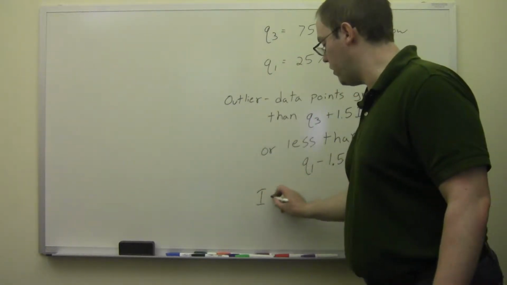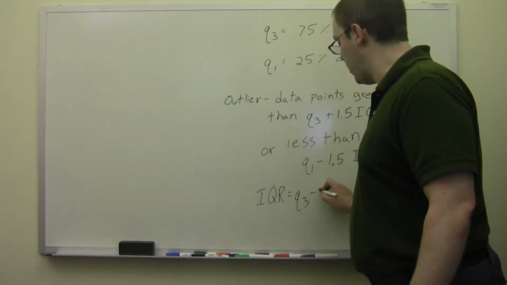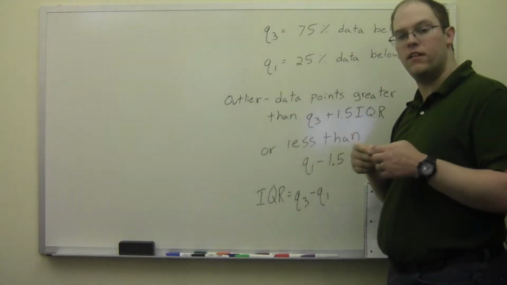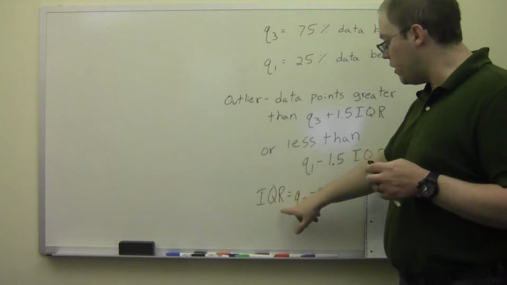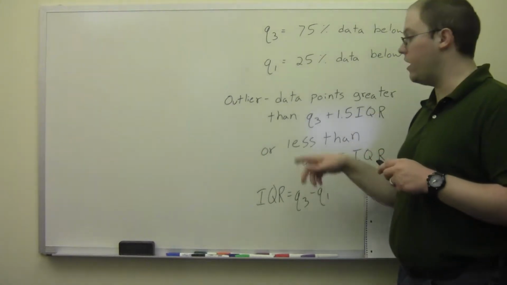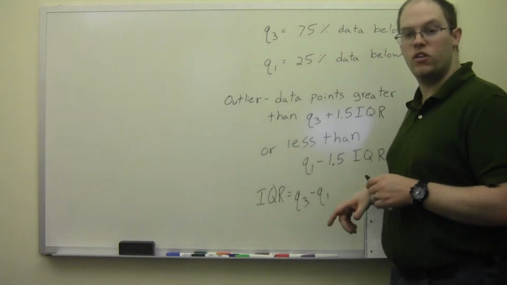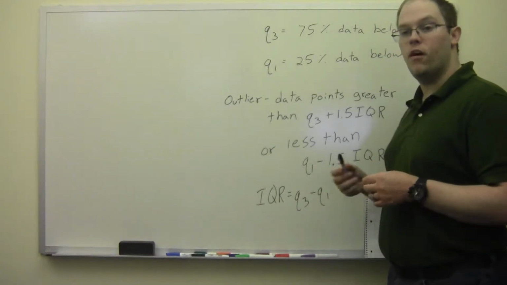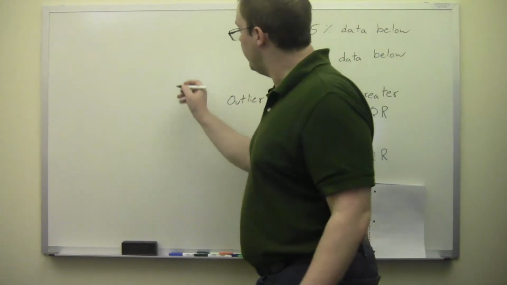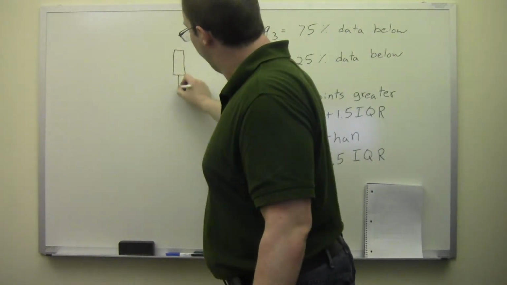It essentially says that 50% of the data falls between these two points. If a point is more than 1.5 times that interquartile range above the upper point, or 1.5 interquartile ranges below the lower point, then we call that an outlier.